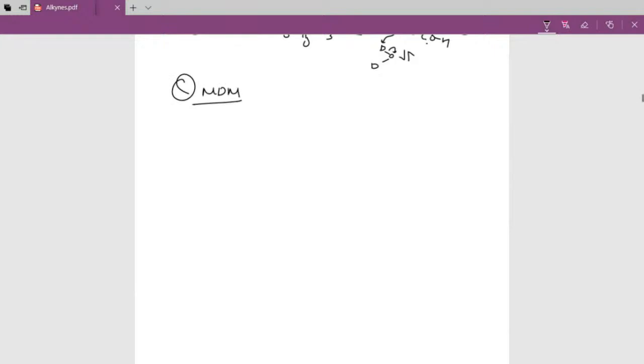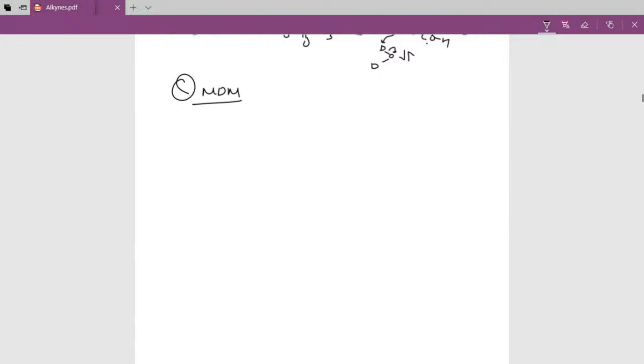OMDM is similar. I cannot say OMDM is exactly the same, but OMDM of alkynes is quite similar to its Kucherov. And why can't I say same? Because I think all of you must be aware that in this process, I just removed that Hg as Hg2 plus in the end, right?